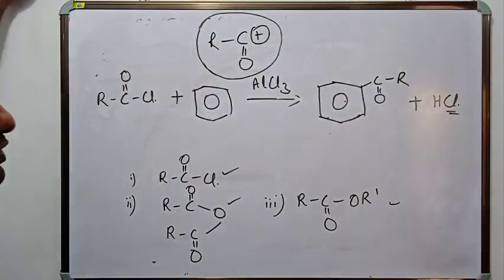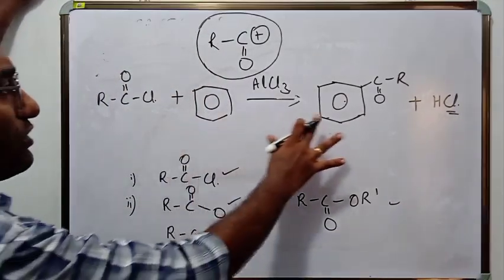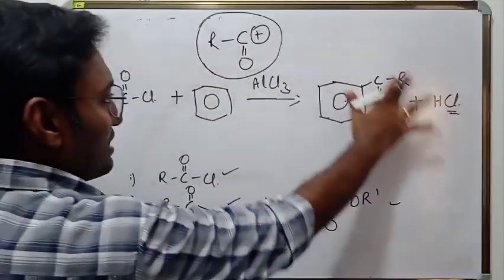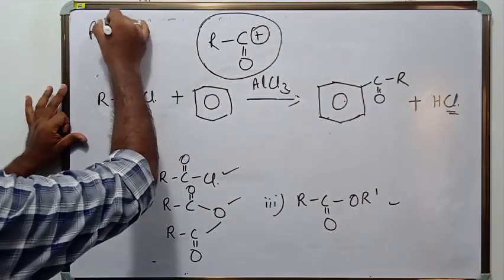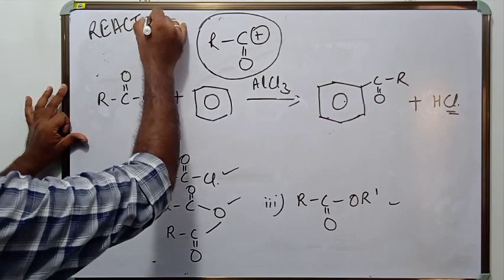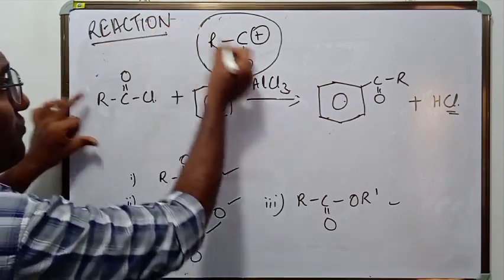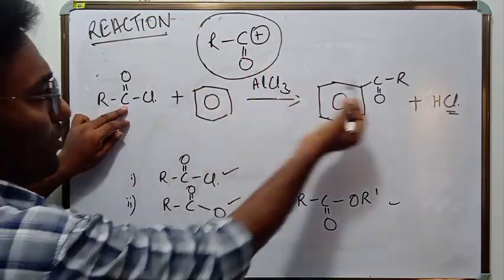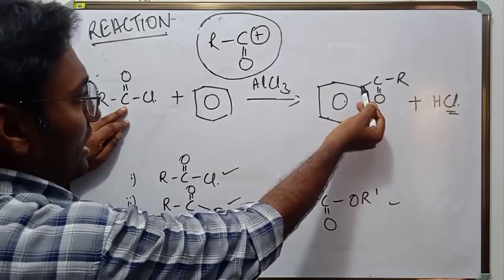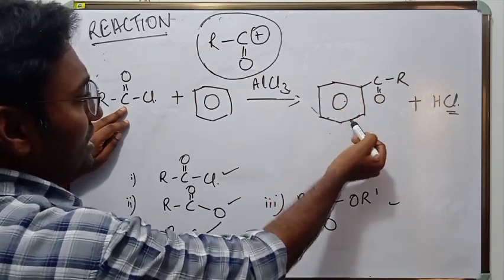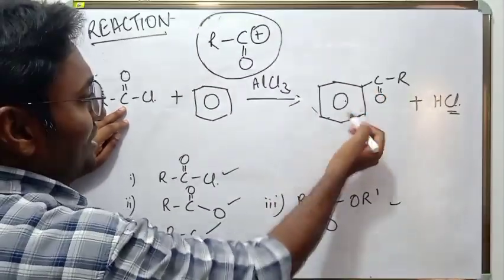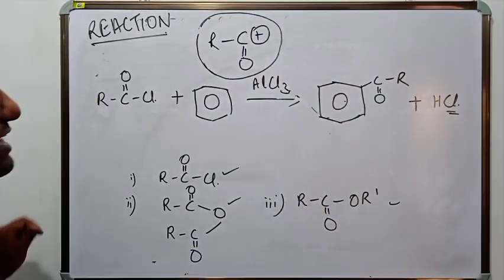So you can see it is an introduction. The Friedel Crafts acylation reaction is an introduction of an acyl group at any of the positions of the benzene ring. Okay, so that is Friedel Crafts acylation.